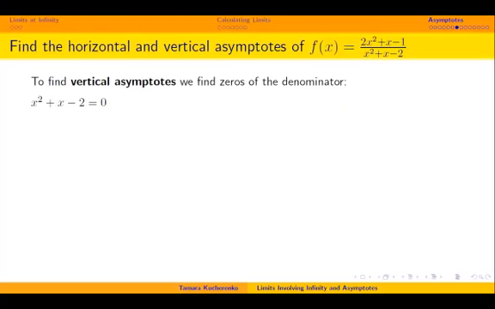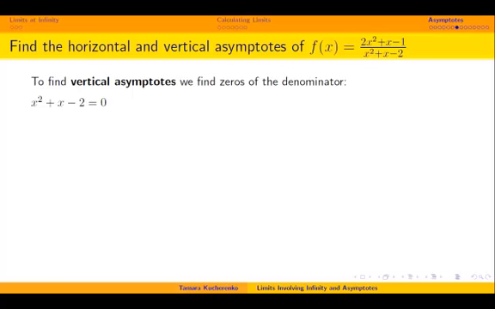To find vertical asymptotes, we find zeros of the denominator. We solve x squared plus x minus 2 equals 0 for x, either by factoring or using the quadratic formula.